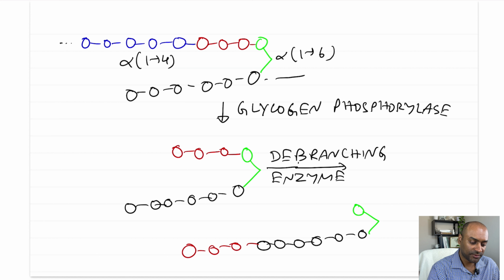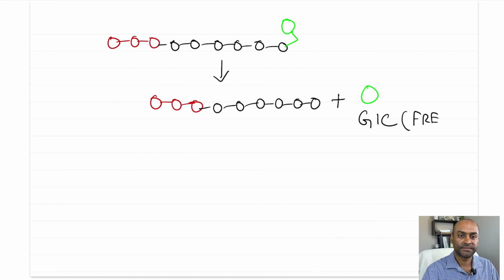The second thing it will do is it will also hydrolyze the remaining glucose molecule. So right now here it is just one glucose molecule that is just freely hanging. So the debranching enzyme will also hydrolyze that bond, the glycosidic alpha 1,6 bond, and release free glucose. This is just free glucose.